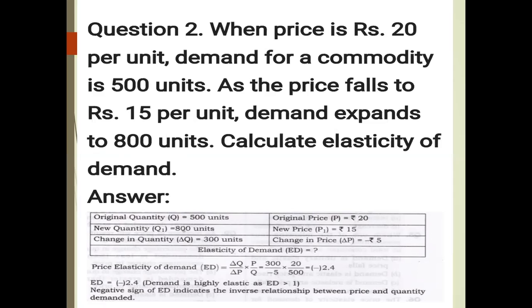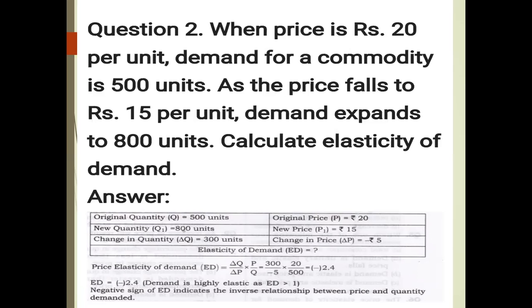So we know the formula of price elasticity of demand. When they are talking about price, we need to calculate price elasticity of demand. When they are talking about income, then we need to calculate the income elasticity of demand. And when they are talking about the price of A good and change in price of B good, that time we need to calculate cross elasticity of demand.